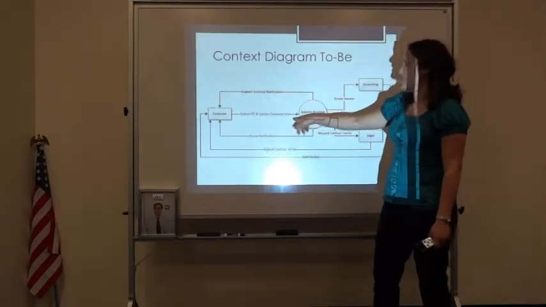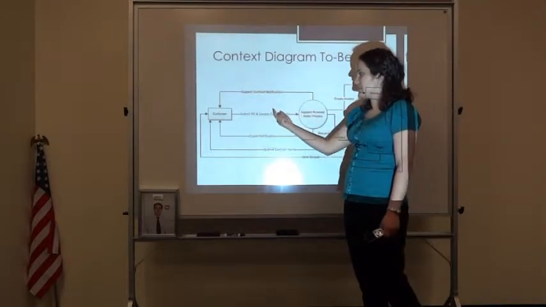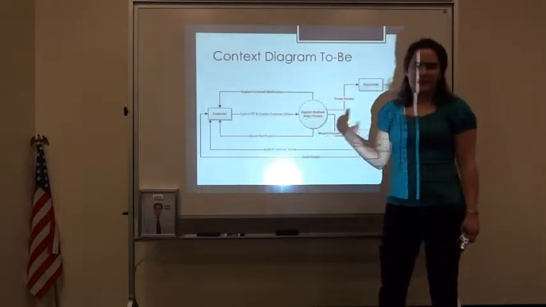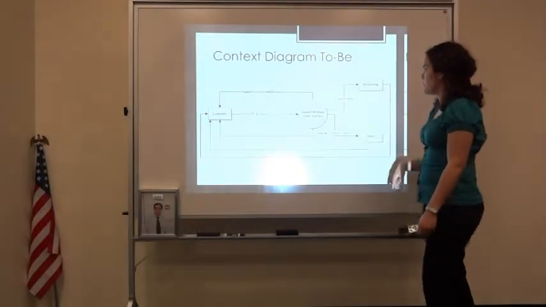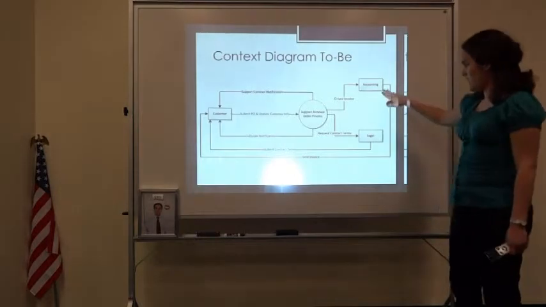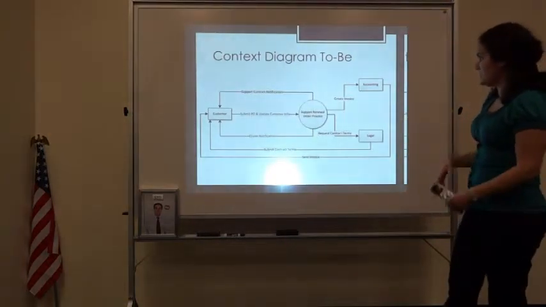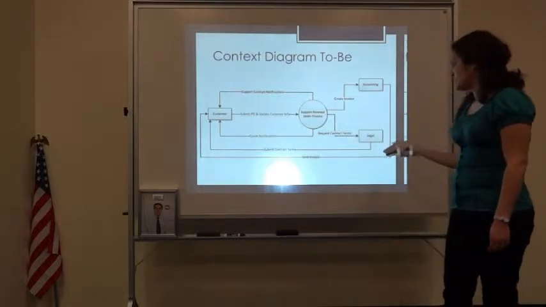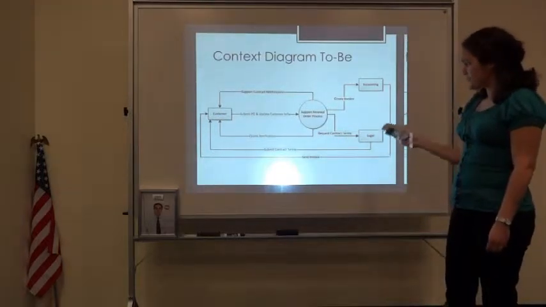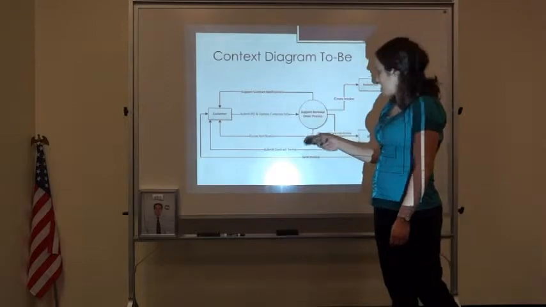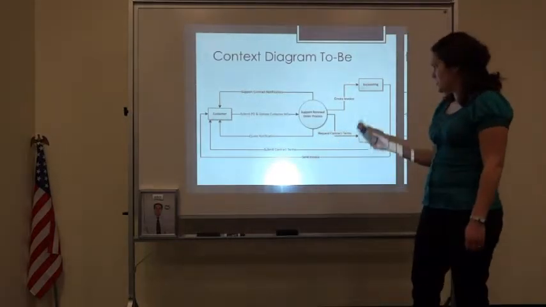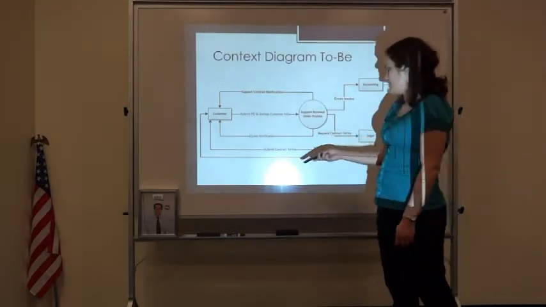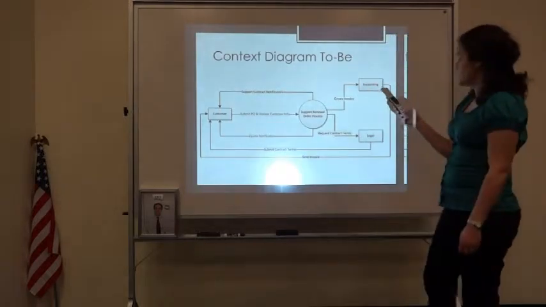And here it's the same way: the customer just needs to update and submit it directly to the web portal. We kept the same here. We have accounting and legal that remains the same. They create the invoice and they request the contract terms. Also, we eliminated, no, you'll see it in level 1. The rest remain the same.